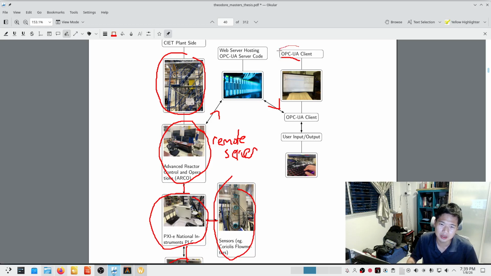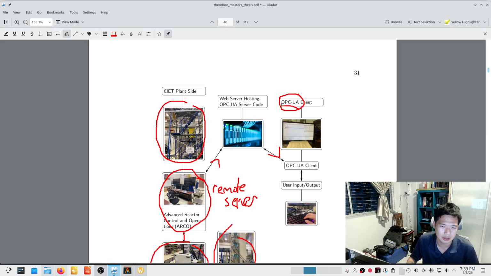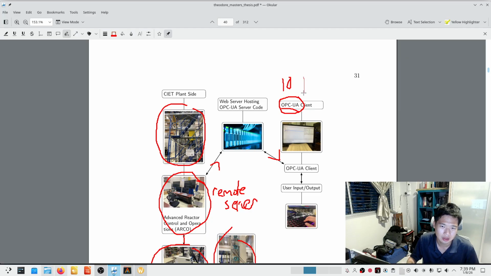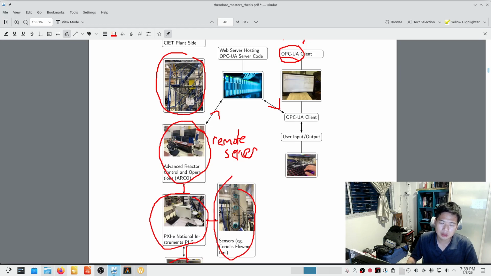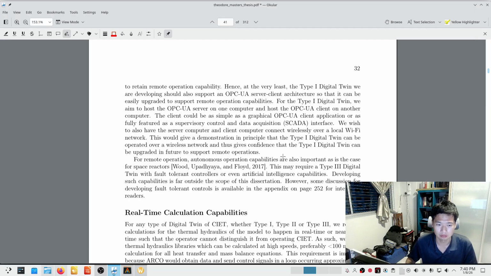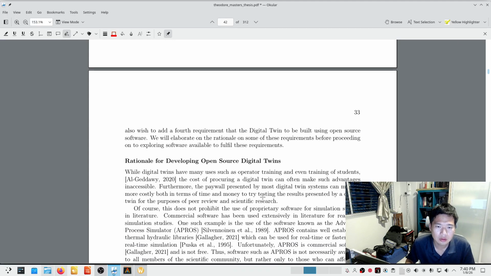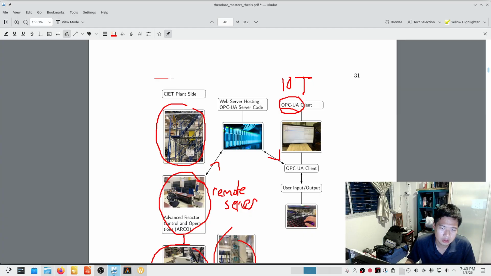This is basically like HTTPS for the Internet of Things, IoT, and it is used for industrial control systems as well. So if you want to operate CIET, you can also do it using a remote server-client interface, and that was what I was looking to replicate as well. It's a huge effort, so right now I'll just focus on the CIET plant site.